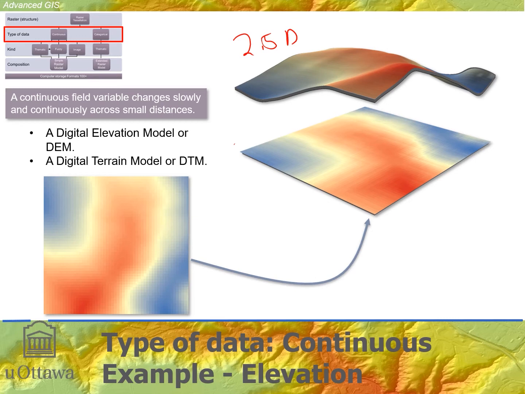But it's 2.5D. And these are just examples of looking at a digital elevation model. Again, colors here, high to low. You can see that readily on the 2.5D representation. And it changes slowly over space. There's no discontinuities in this example.